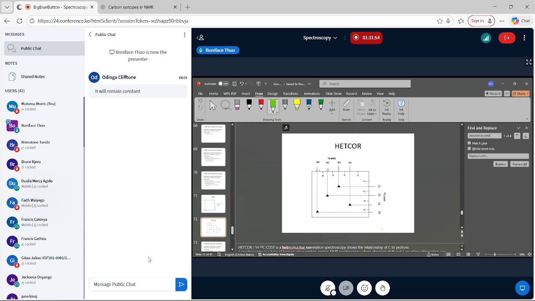We also have a modification of that, which is known as heteronuclear correlation spectroscopy, which combines the carbon-13 spectrum and the proton NMR spectrum, and it shows which proton is attached to which carbon.